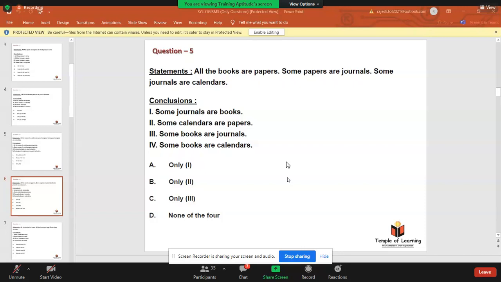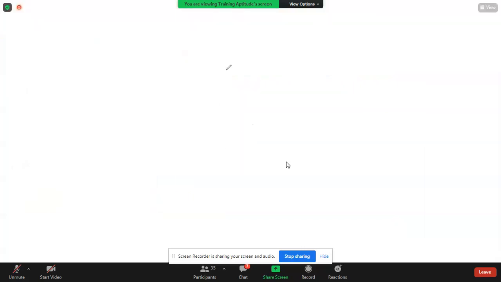If you could take a screenshot, I'll quickly draw the diagram. First statement says all the books are papers. All the books, I've got books, right? And all of them are papers.